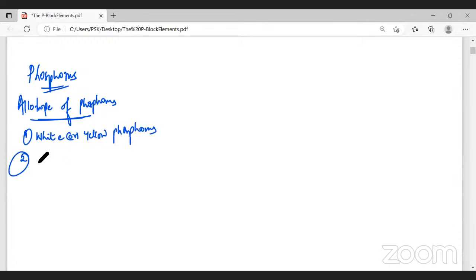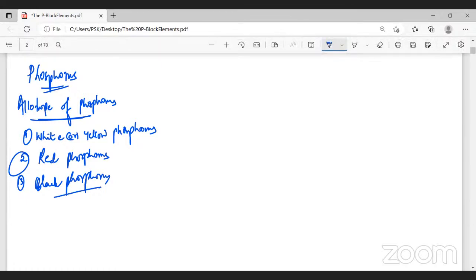The second one is called red phosphorus. And the third is black phosphorus. So phosphorus exhibits three allotropes: white or yellow phosphorus, red phosphorus, and black phosphorus.